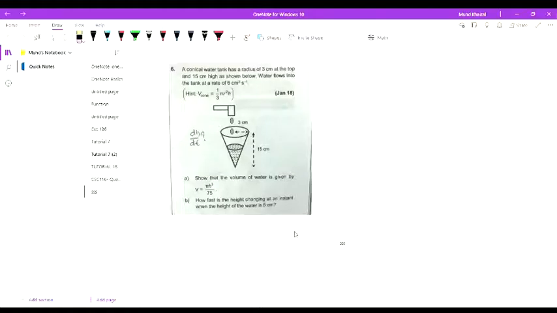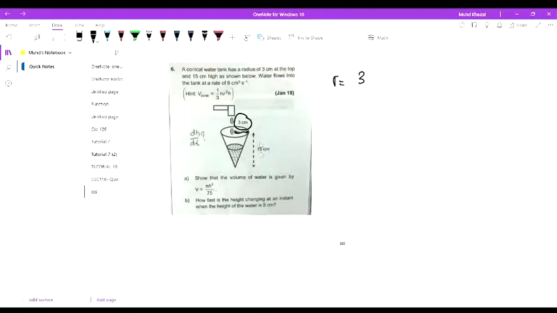Okay, now let's have a look at the question that uses the related rates concept. A conical water tank has a radius of 3 cm at the top and is 15 cm high, as shown below. Water flows into the tank at a rate of 6 cm³ per second. Now we have the radius: r = 3 cm.